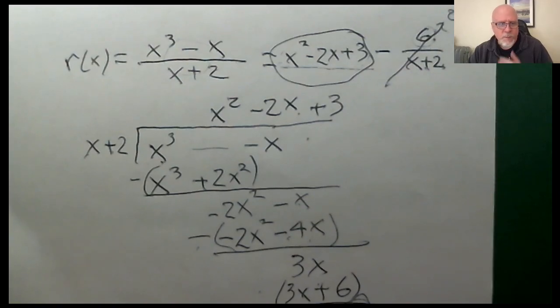More often, once you do the division, you're going to get a linear thing. I said I was going to quit, but let's just do one last example that has a slant asymptote. How about x squared minus 1 for the numerator, and the denominator will just be x.